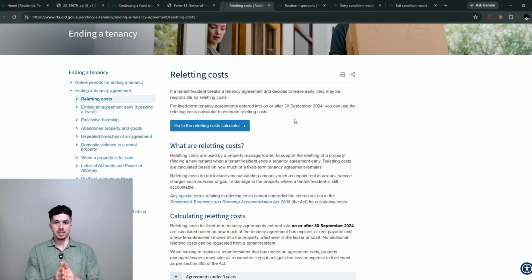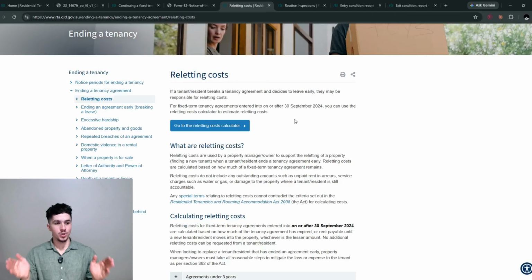Which means letting fees, you have to pay. Advertising fees, you have to pay. And if the tenant is breaking lease, let's say a month before their actual lease end date, they only have to pay a week's rent at maximum.